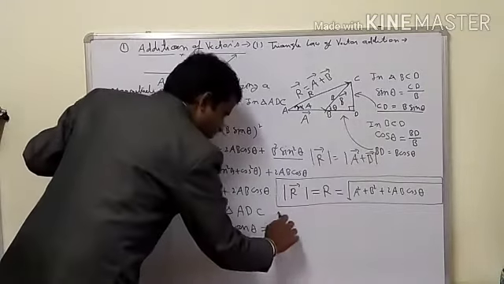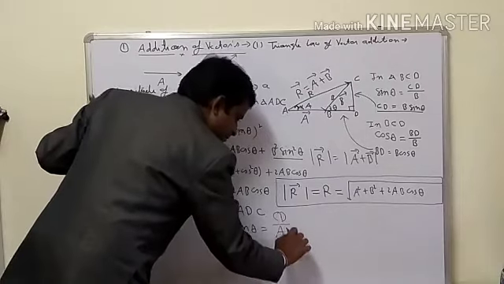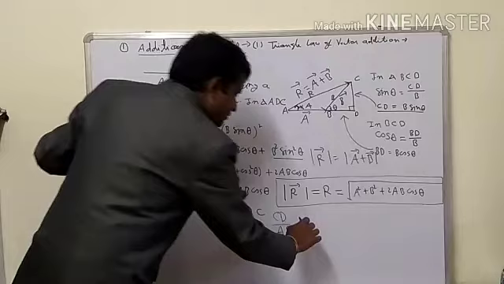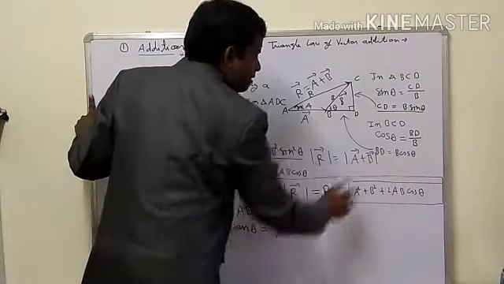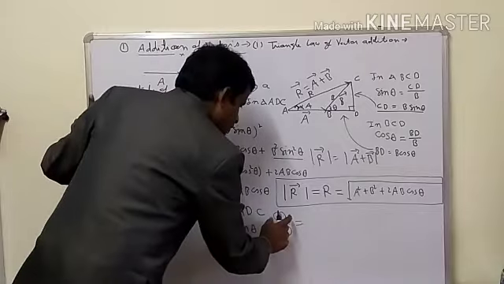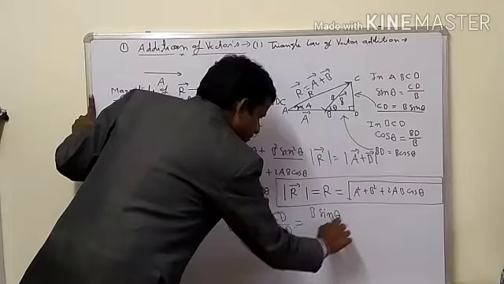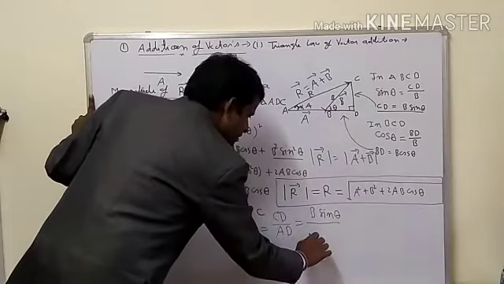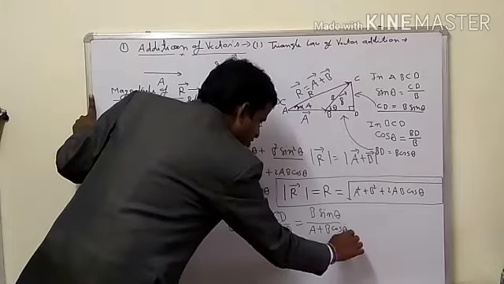Perpendicular means CD upon base means AD. CD is what? You know that CD is B sin theta, BD is B cos theta. So we will write CD, B sin theta, upon AD, which means A plus B cos theta.